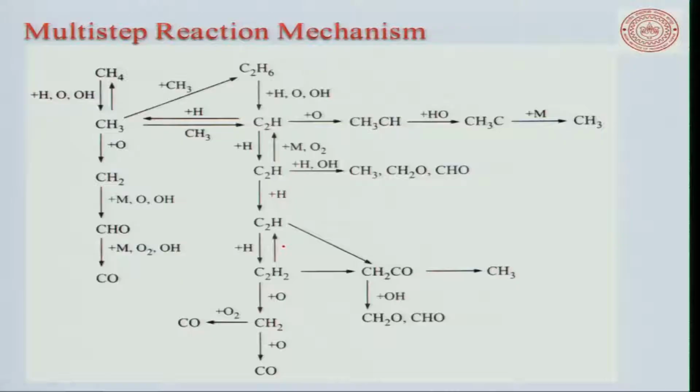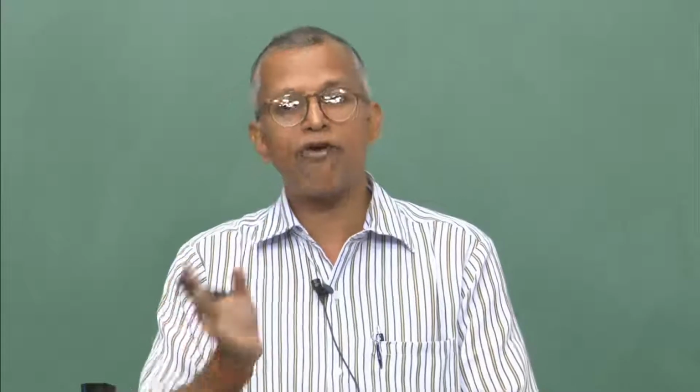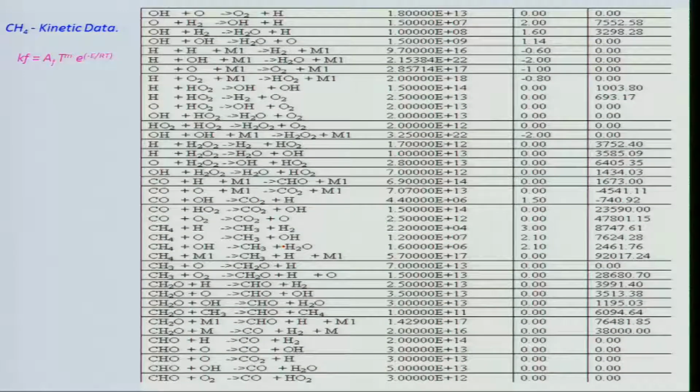So, the reactions I am showing you are a very simple thing, with 14 species and 40 forward reactions and 40 backward reactions. I am going to show you those 40 reactions for methane, right.